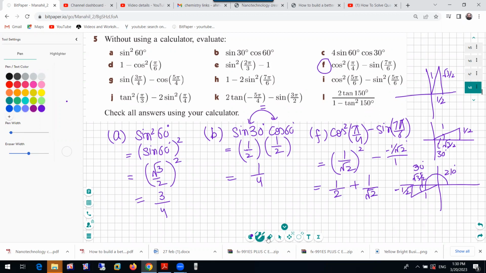So it was plus 1 over 2, right? So half plus half equals 1. So this is your final answer. Got it?